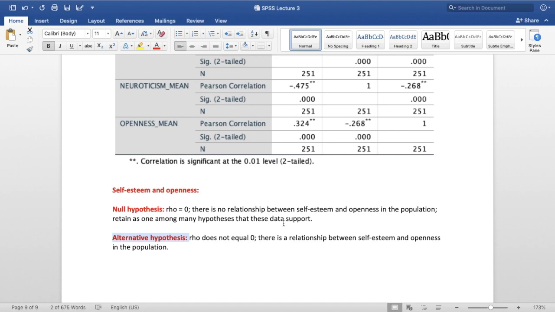There is a relationship between self-esteem and openness in the population. Okay, so obviously we found that p is less than 0.05, or 5%, right? So we're going to reject the null hypothesis.